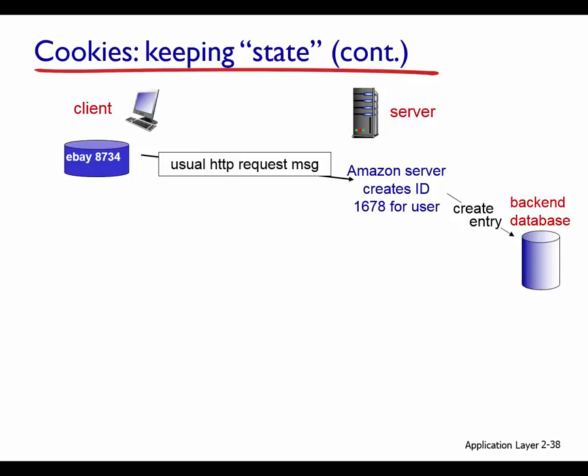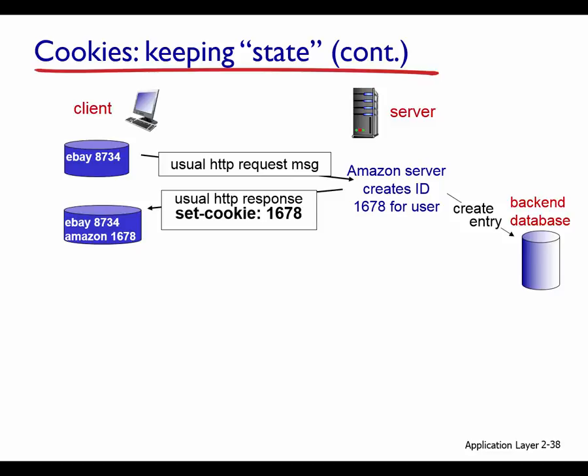She hasn't been on Amazon yet. She makes a request message. She goes on the Amazon.com server. The Amazon.com server creates a unique ID of 1678 for our user, and it creates a record in its backend database, and 1678 is the unique identifier for that record.